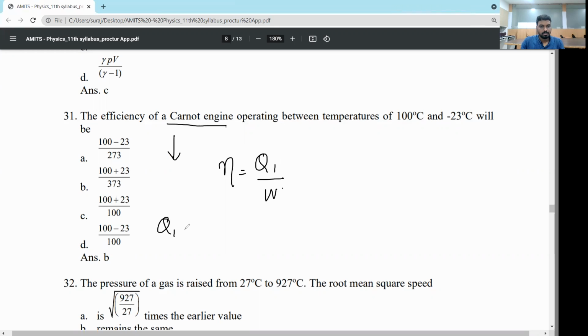Say Q1 equal to Q2 plus work done. So efficiency equals work done by Q1, the heat taken from the source. This is work done. This is Q2.